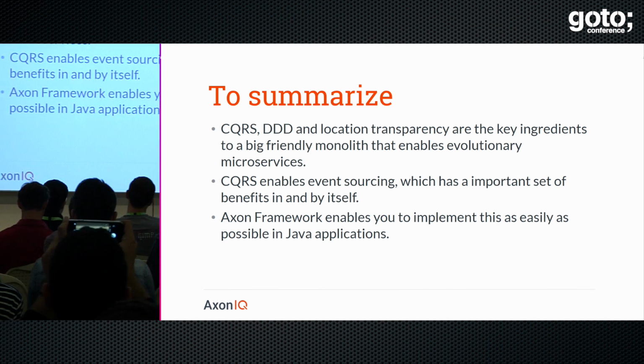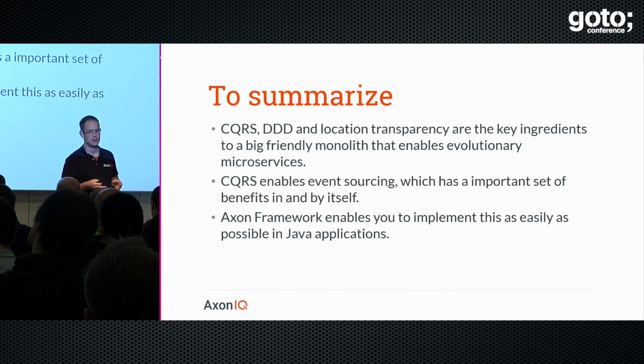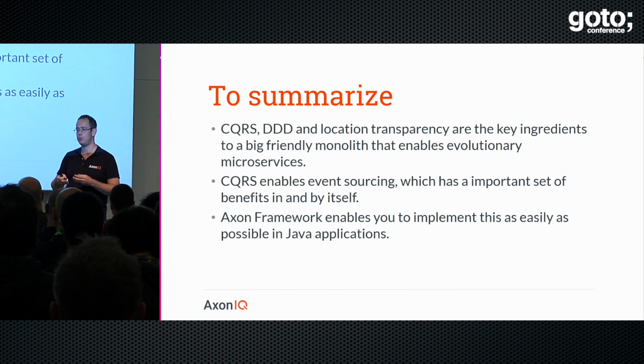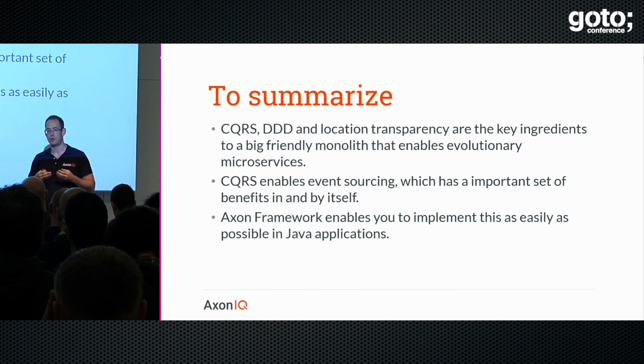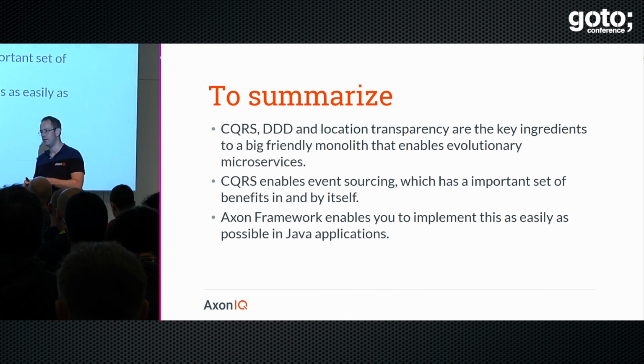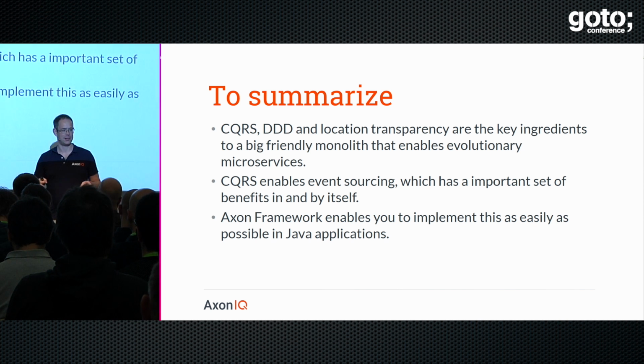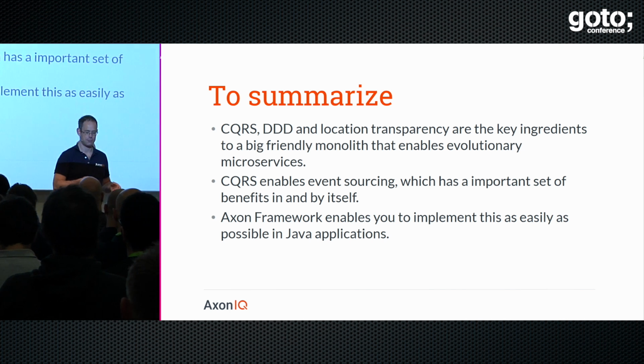Apart from that evolutionary aspect, event sourcing has some really interesting benefits because of keeping history, exploring the value of data and compliance. So that's a valuable concept by itself. And Axon Framework is a really easy way to implement this in Java. You don't have to use it. Honestly, there's no magic there. You could do everything that Axon Framework does yourself. It's just that it's a waste of your time because it's already there and it's free.